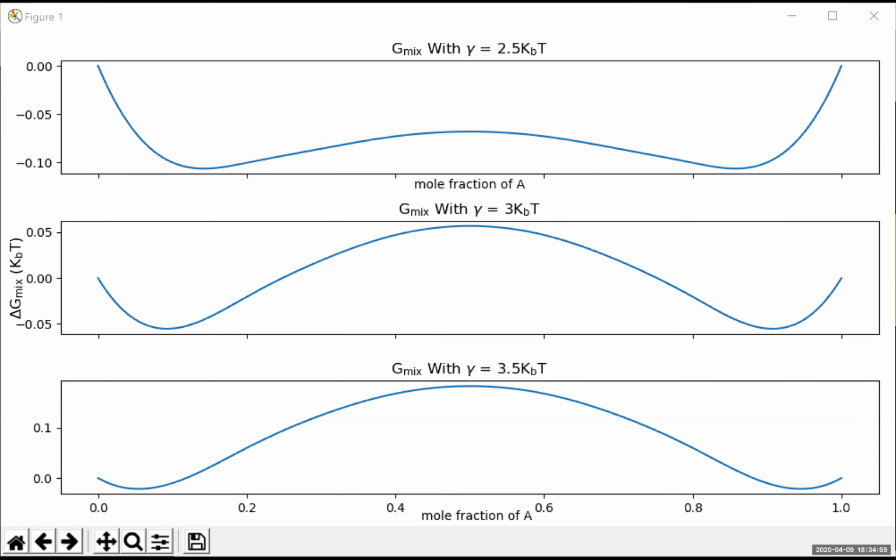Does anyone have any final questions? Okay, someone else has a question in the chat about this problem. So when a system undergoes phase separation, will it reach the two lowest points of the curve?